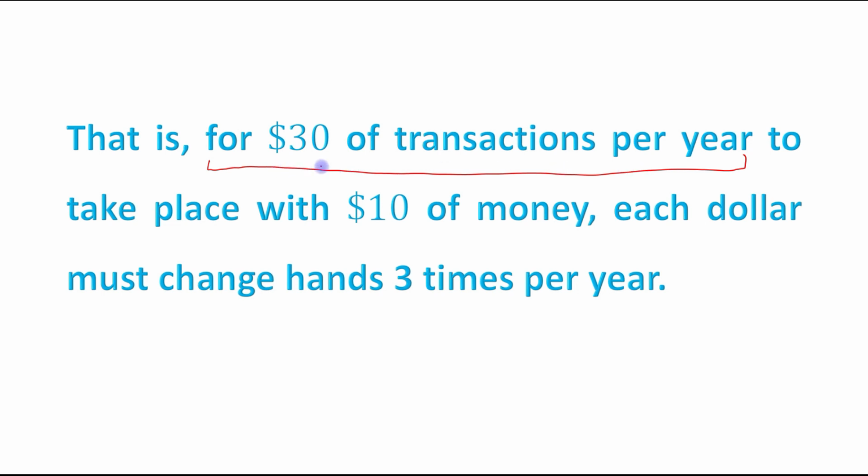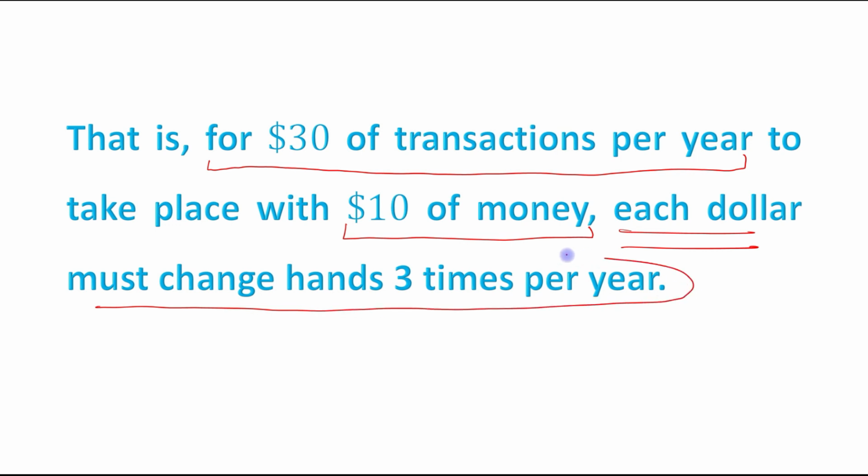If you want these transactions to take place with $10 of money, which was the quantity of money in the economy, then each dollar must change hands 3 times per year. I hope the interpretation is clear. Okay. Thank you.